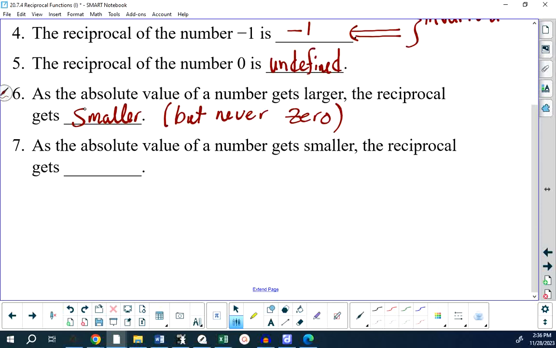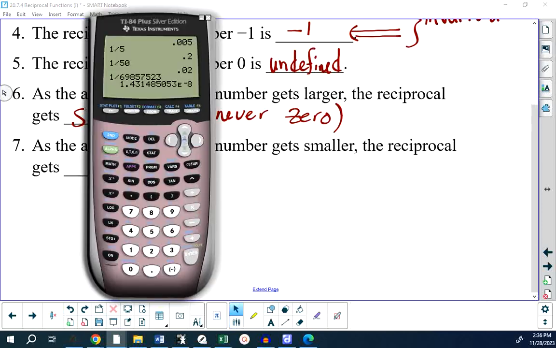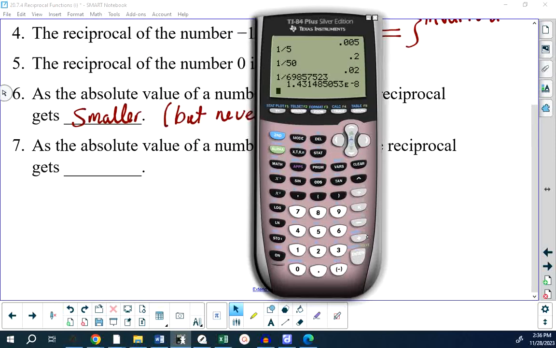As the absolute value of a number gets smaller, what happens to the reciprocal? So if I were to do this backwards and say I'm going to take the reciprocal of 0.4, it's 2.5. If I take the reciprocal not of 0.4 but of 0.006, it's 167 almost.